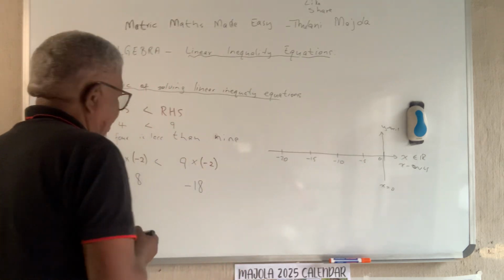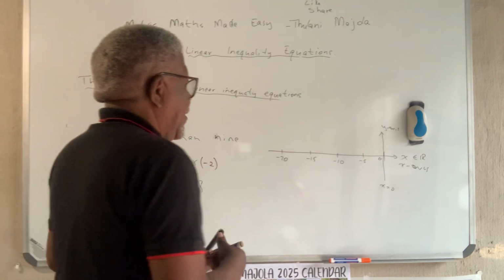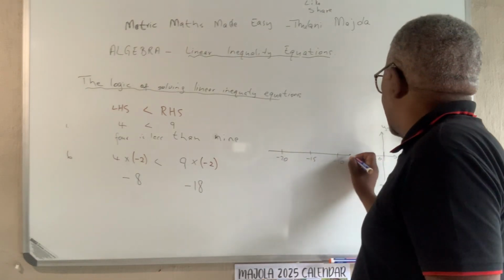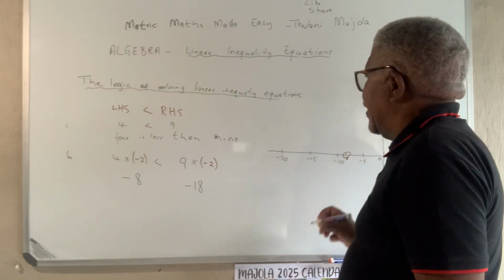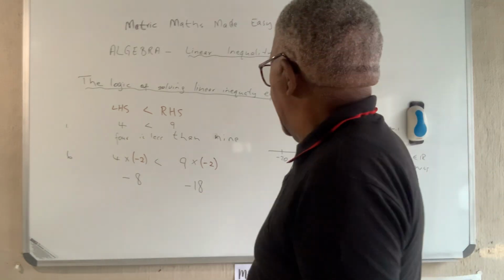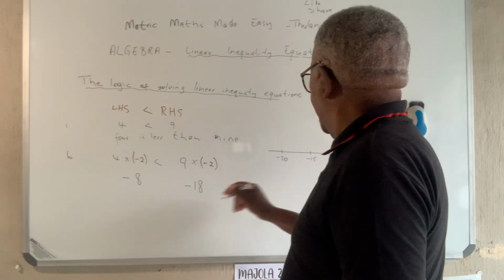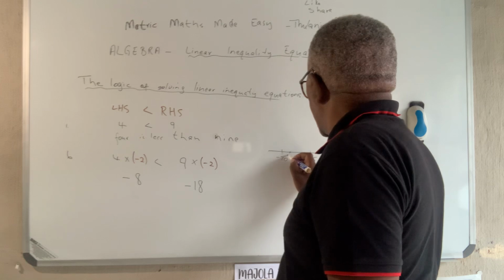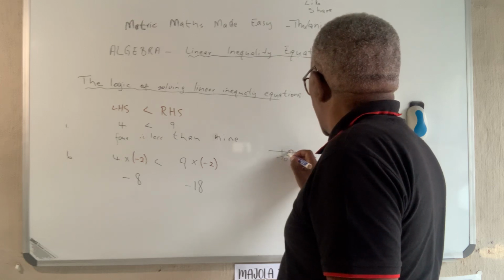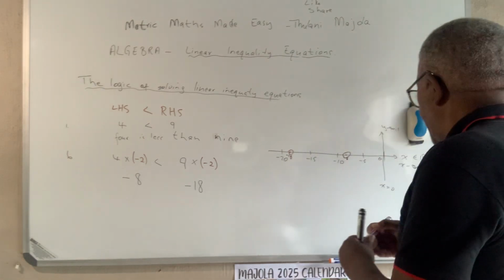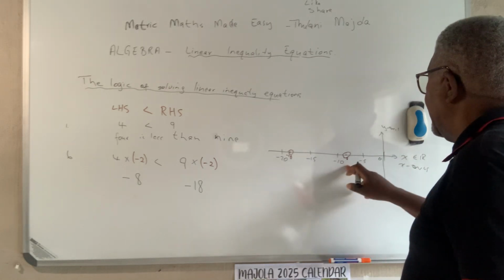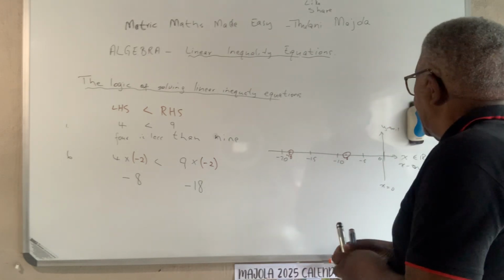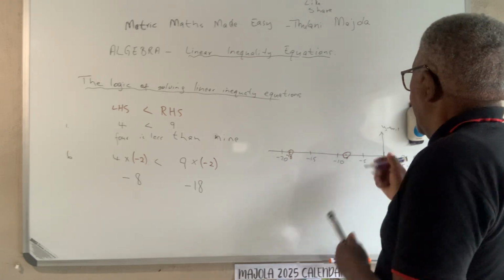So minus 8 is actually between negative 10 and negative 5. So we've got negative 8 here. And then negative 18 is here next to 20. And then you can see that negative 18 is actually less than negative 8.